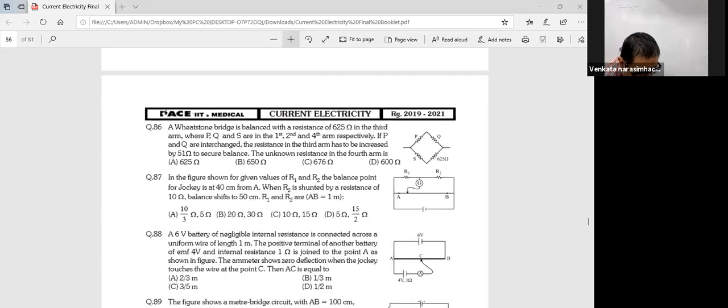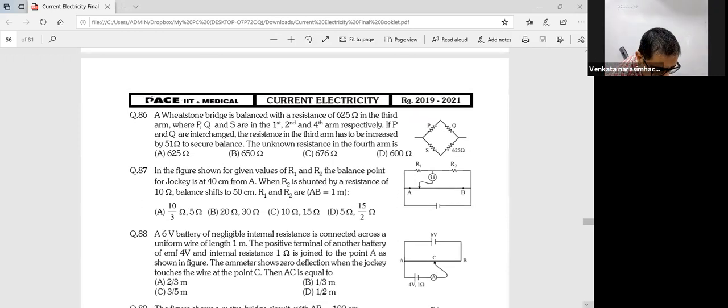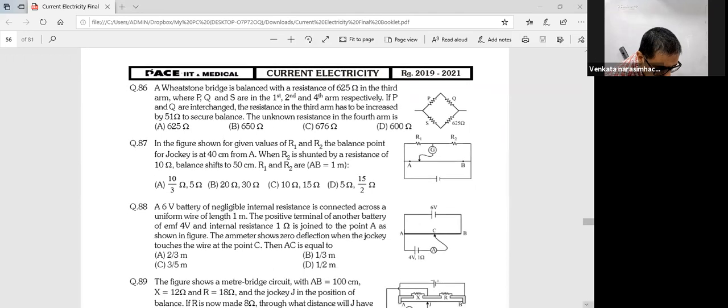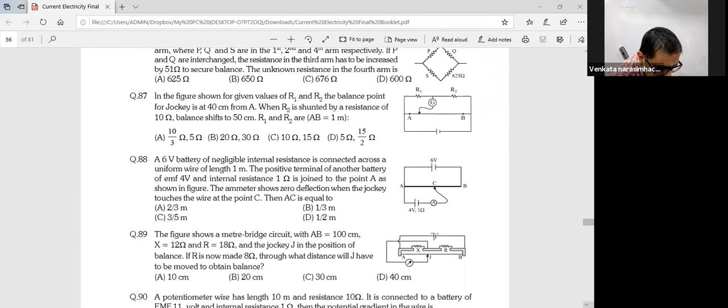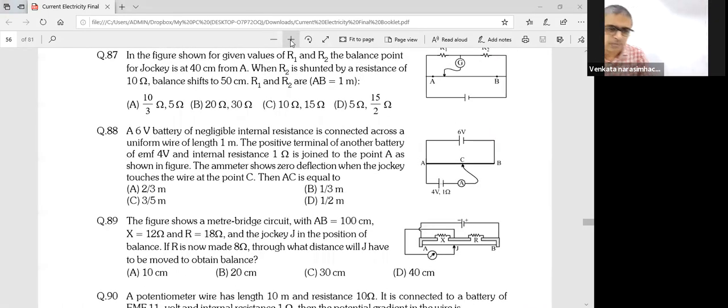Question number 88. Please read the question. I will discuss this. Or okay, attempt the question, not an issue. Are you able to see that? Yes, sir. What we drew on the lower part, they drew on the upper part, and vice versa.